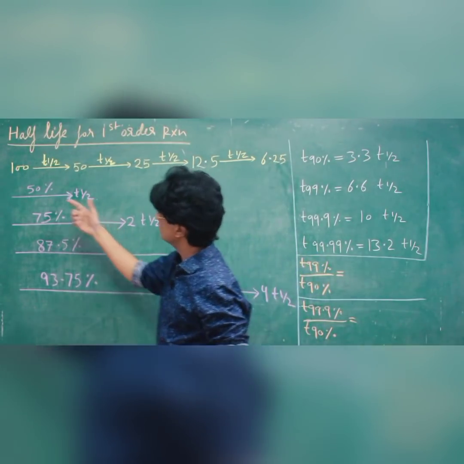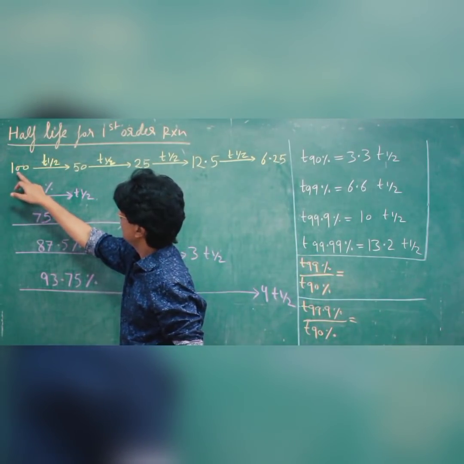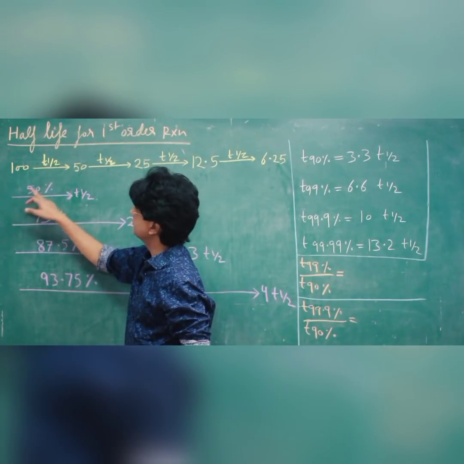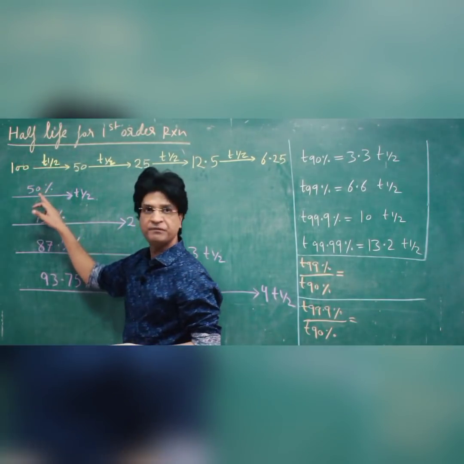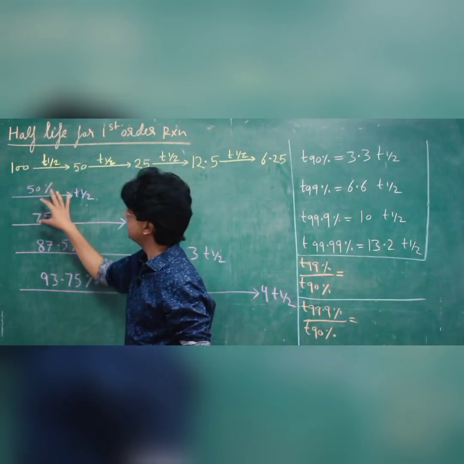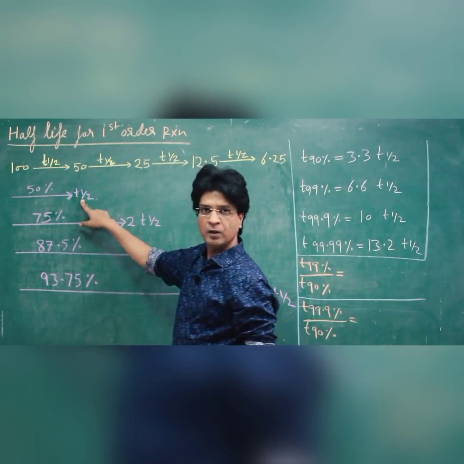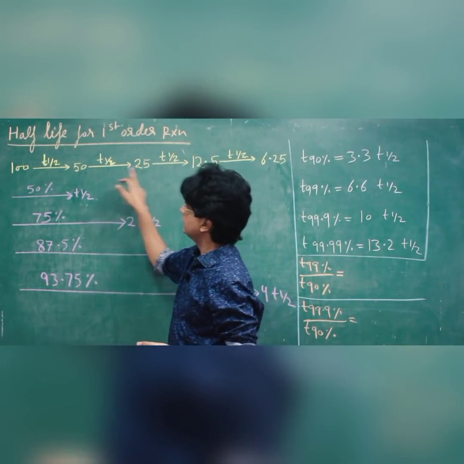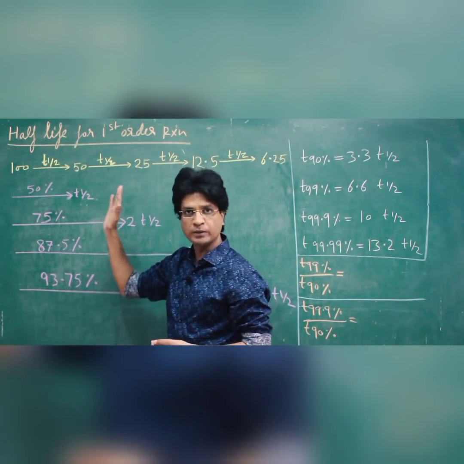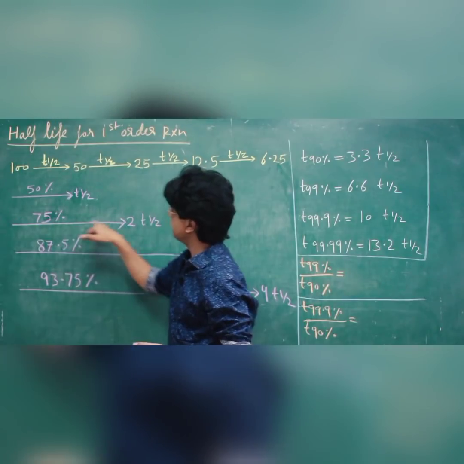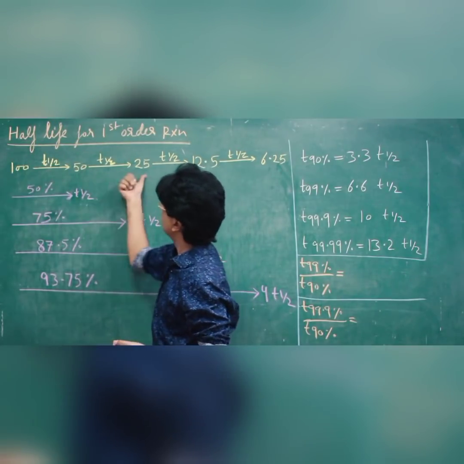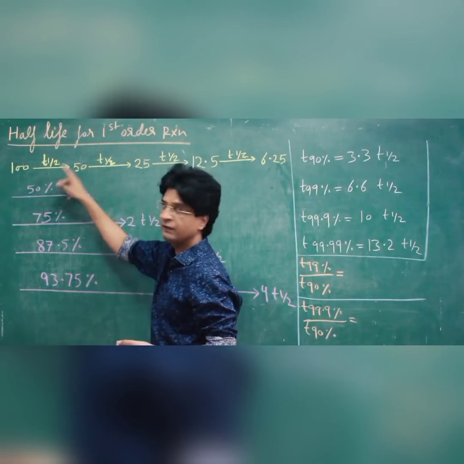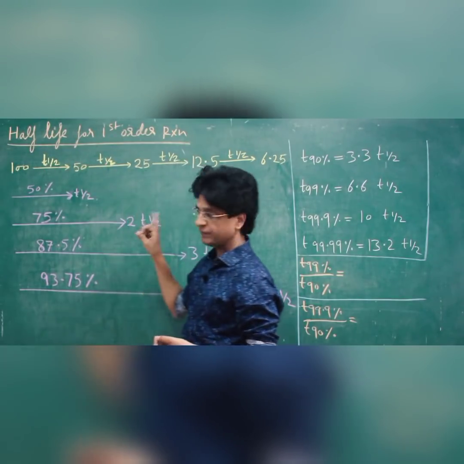Now see, when I complete one half-life, I have completed 50% reaction. That means 50% reaction will be completed in one half-life. But when I go from 100 to 25, 75% reaction is over. How many half-lives have we covered? We have covered 2 half-lives.